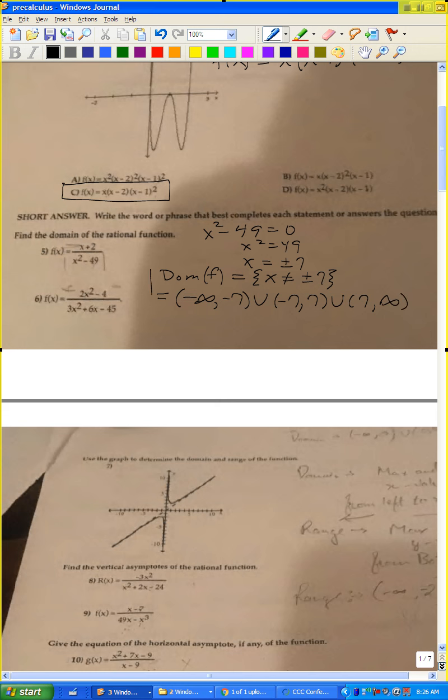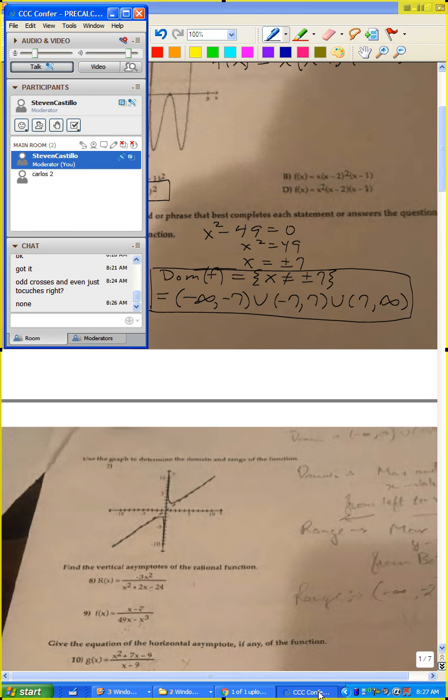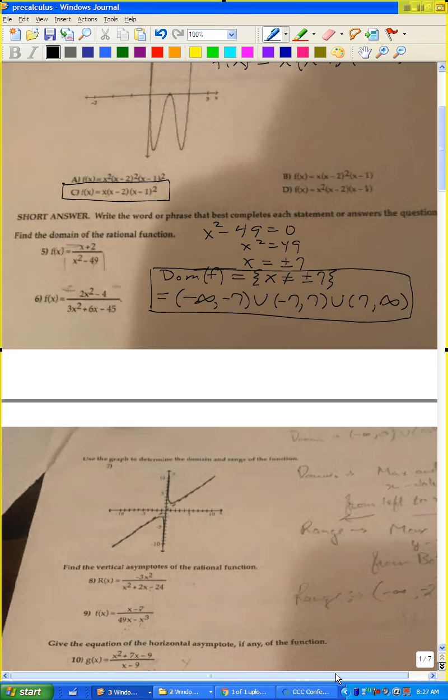So I'm not really sure how he wants the answer written, but either of those will work. Any questions about that? No. Okay, let's do problem 6.